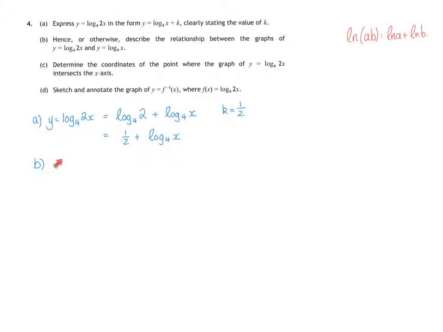So we have that y equals log to the base 4 of 2x is y equals log to the base 4 of x that has been moved up by a half.